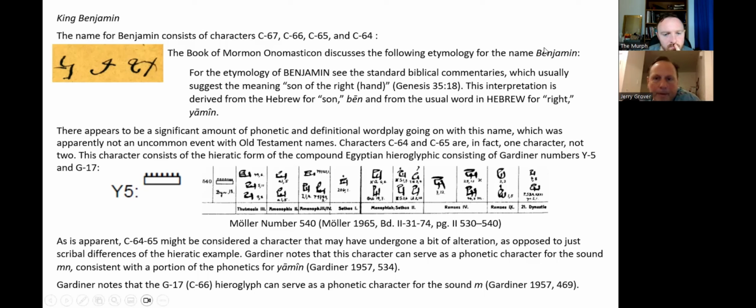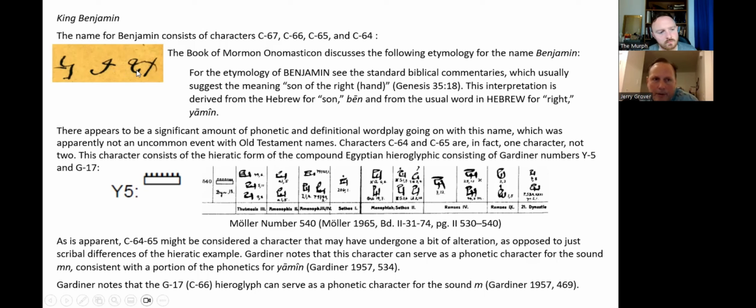I said there appears to be a significant amount of phonetic and definitional wordplay going on with this name. So these are C64, C65, 66, 67. 64 and 65 I'm calling one character, actually.